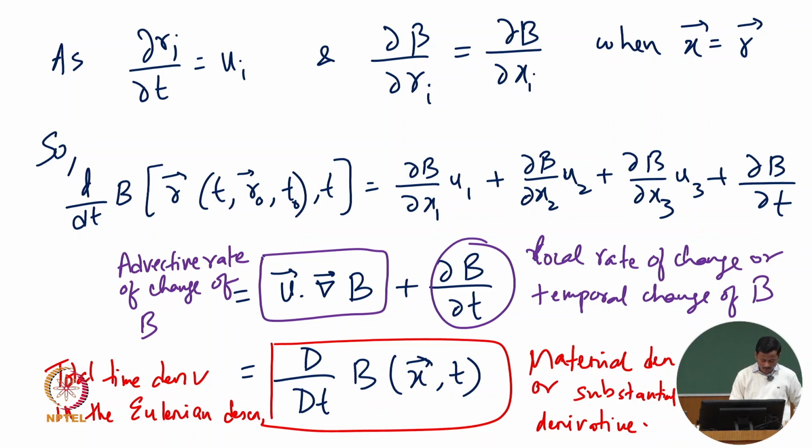So this is the total derivative in the Eulerian frame of reference. D Dt has meaning only when applied to a field variable, that is, only when B is a function of the spatial coordinates and time.